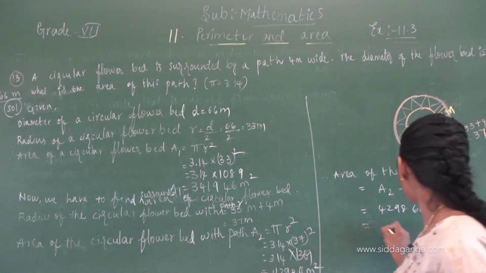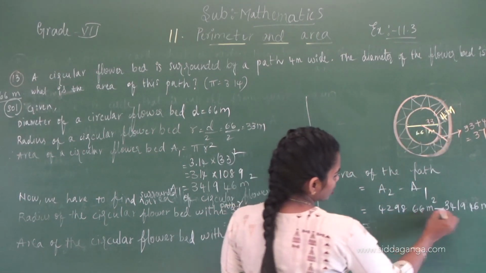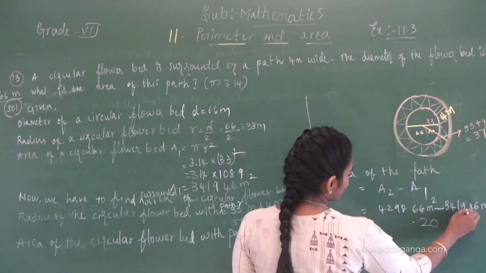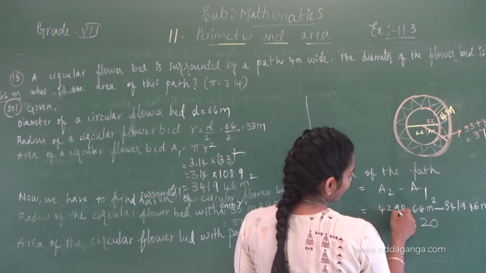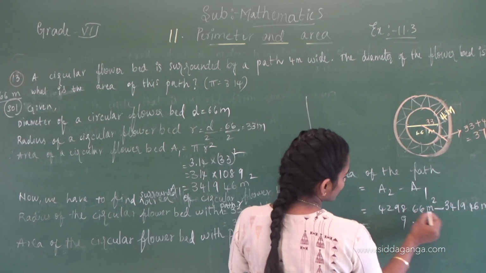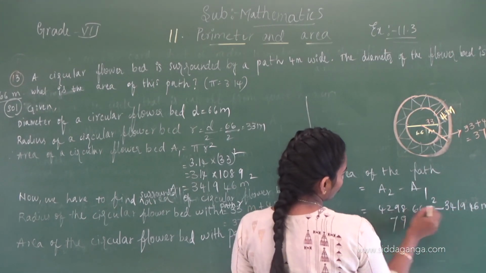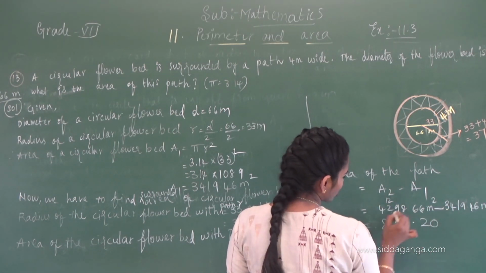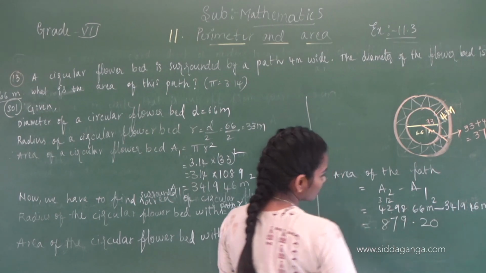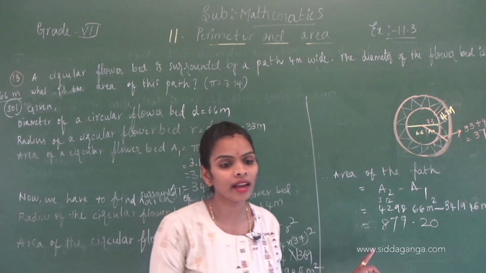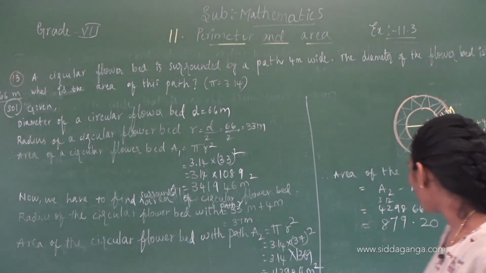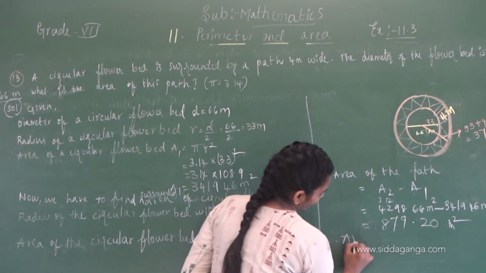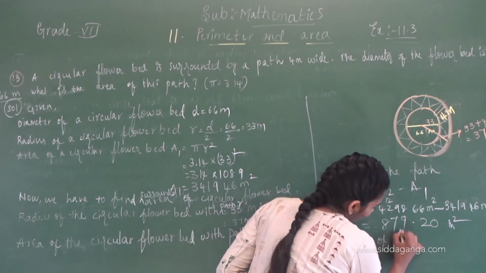If you take the difference between these two, 6 minus 6, 0. 6 minus 4, 2. 8 minus 9, 9. 8 minus 1, 7. 12 minus 4, 8. 3 minus 3, 0. We get 879.20 meters square.